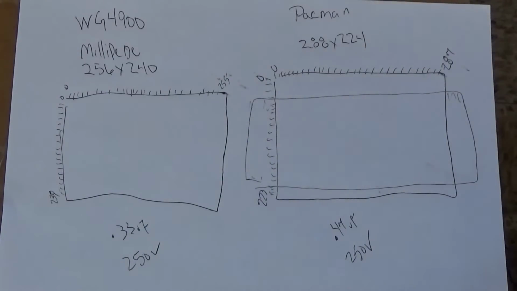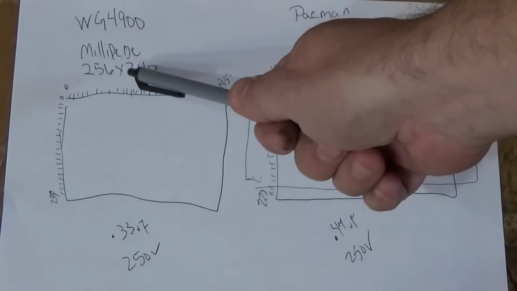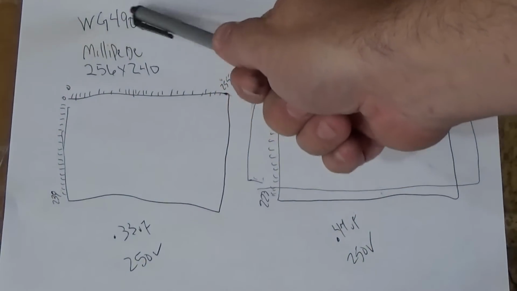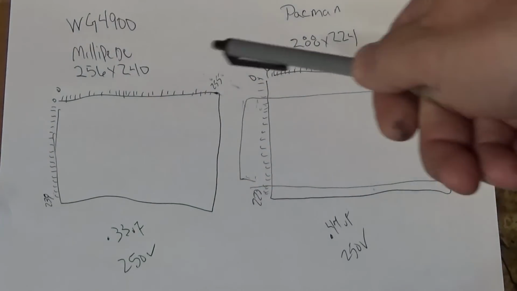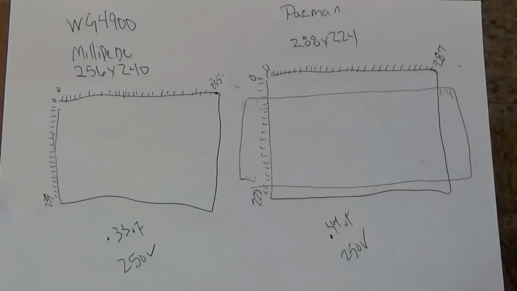Let's say your monitor, let's take this guy right here, this Wells 4900. The engineers say, okay, we're going to be displaying 256 by 240, so let's optimize this monitor for that resolution. They put in a width cap that sets the size of these columns.